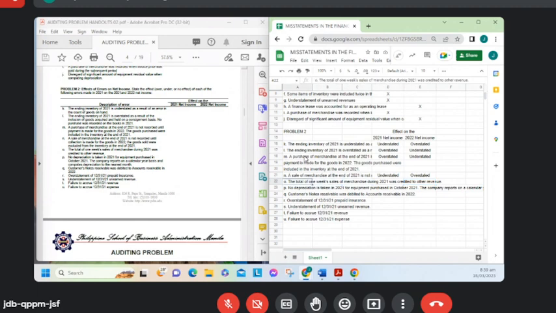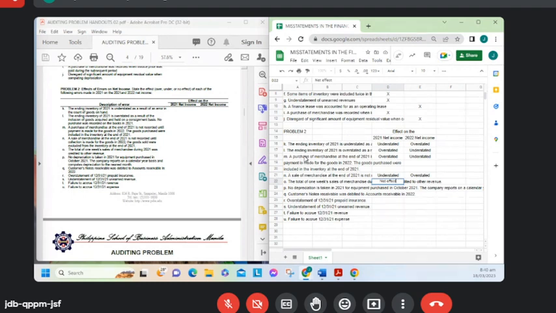Letter O. Total of one week sales of merchandise during 2021 was credited to other revenue. Is there an effect on this? Whether it's recorded in other revenue or revenue, pareho pa rin na magfo-flow sa net income.